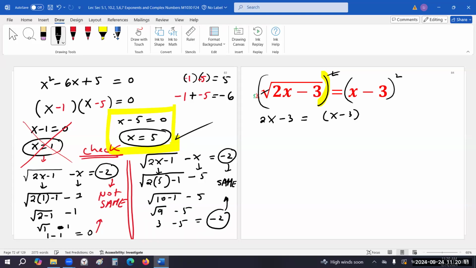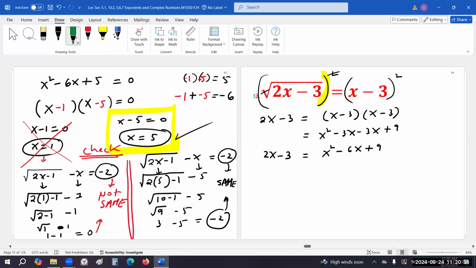And on the right, we are going to FOIL. Great. So what do you get from the FOIL? Plus 9. Great. And then? 6x plus 9, and we have 2x minus 3 on the other side. Aditya, what do you do next?